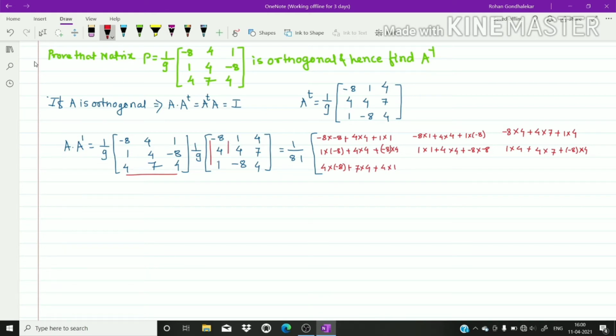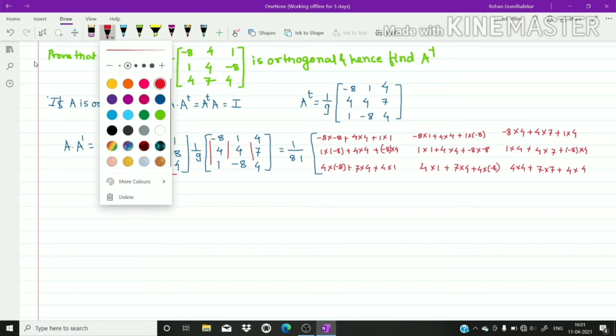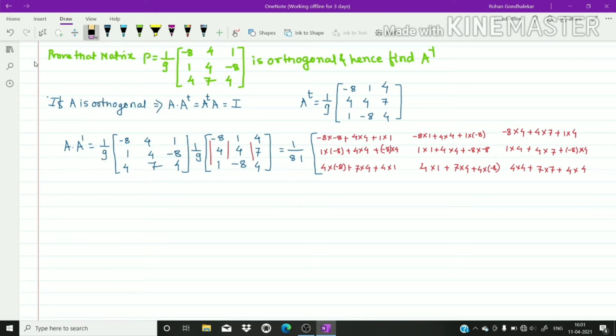Third row, second column would be 4 into 1 plus 7 into 4 plus 4 into minus 8. The next, third row, third column would be 4 into 4, 7 into 7 plus 4 into 4. I hope you are clear with these calculations. Yes, good. Now simply calculate those values.